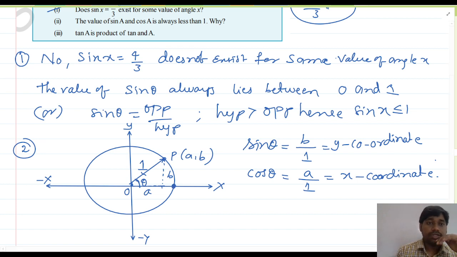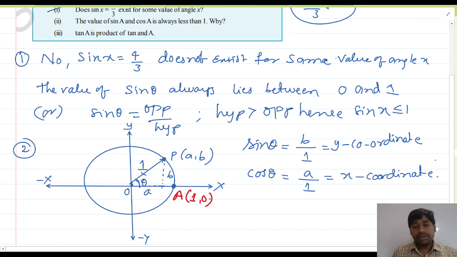Now, if you move along the circle 360 degrees, let me change the pen. At this point on the x-axis it will become (1, 0), meaning theta is 0 degrees. For sin 0 degrees, the opposite side is not there, so it becomes 0, and cos 0 degrees becomes 1.